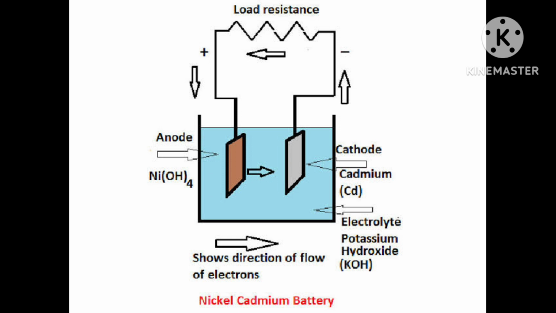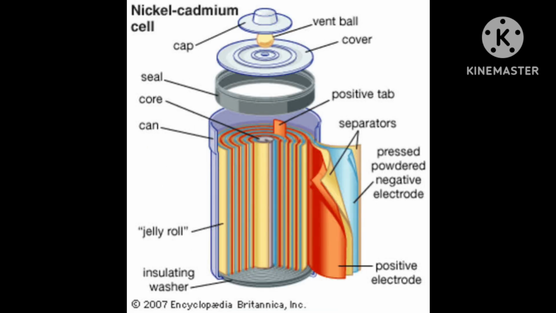Application: nickel cadmium cells are used in battery operated appliances such as pocket calculators, photo flash units, cordless garden tools, electric shavers, instruments, alarm systems, transmitter receivers, emergency lighting, hearing aids, and telemeters. These are the places where they are used.